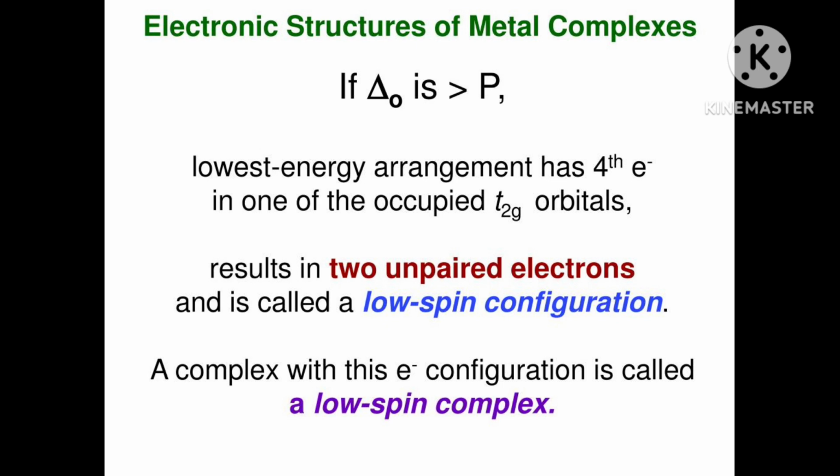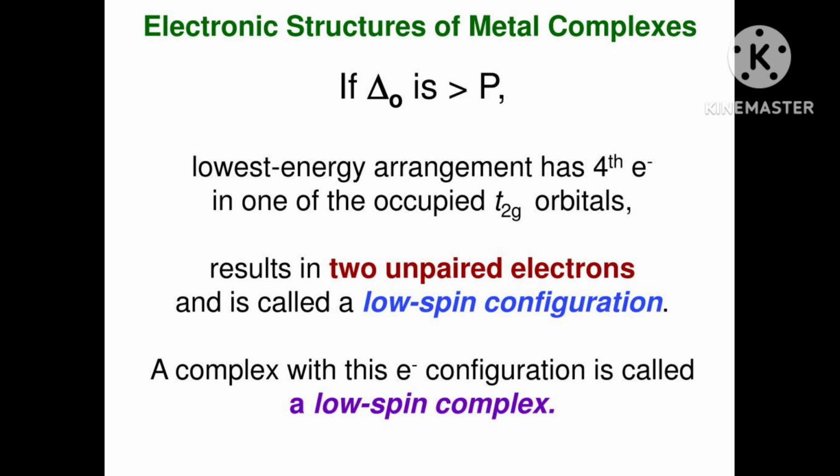This is the case for cobalt with one chloride ion and 5 NH3, 2+. Which light it absorbs depends upon the ligands, what type of ligands are in the complex.